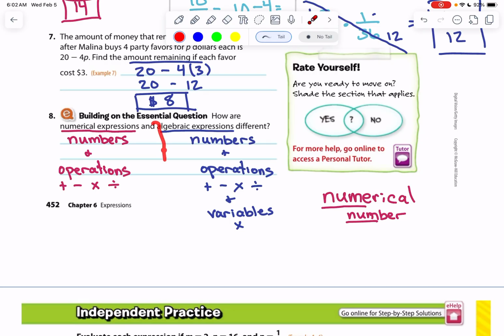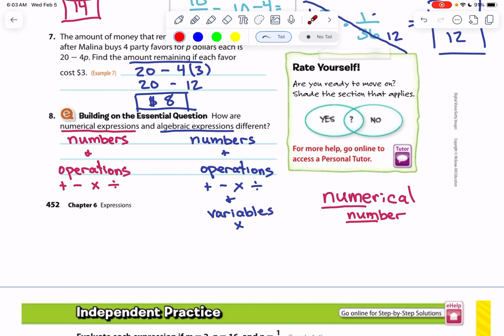Okay, and algebraic expressions have the same. They have numbers and operations. They also have variables, meaning some sort of symbol representing a number. Okay, and we can remember that numerical expressions have numbers and operations by remembering that numerical has the first part of the word number in it.